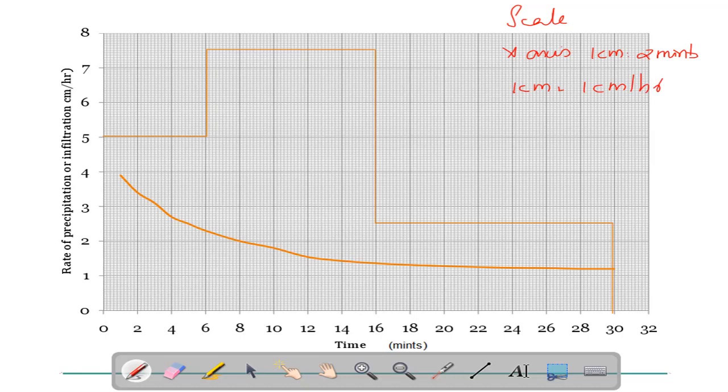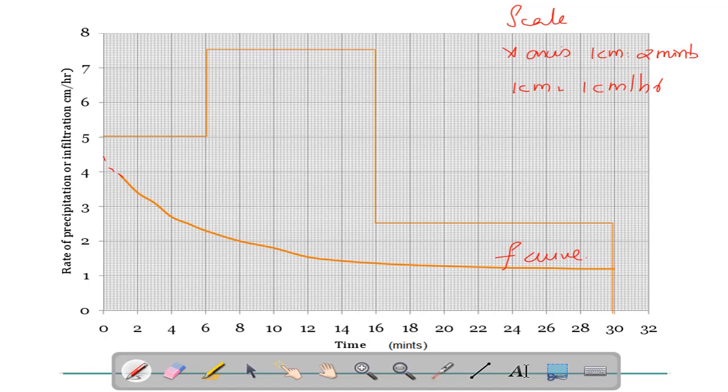Next we have to create an equation for this F curve, or Horton's curve. So first you extend this curve to meet the y-axis.